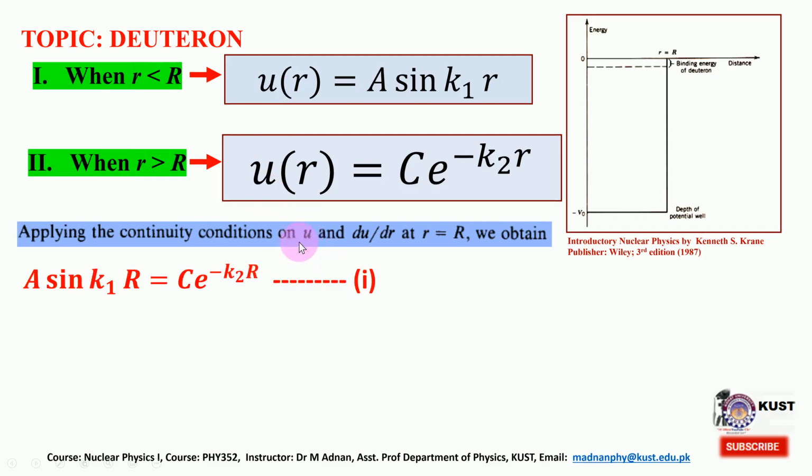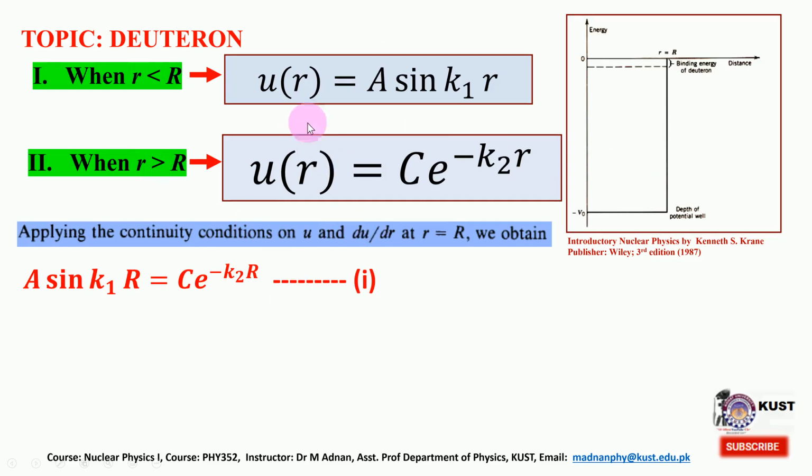Now, the first continuity condition: if we put r equal to capital R, this will be A sin k1R. So at r equal to capital R, that is the boundary, the two solutions are equal. Whether you use this solution or this solution, the two will be the same. This is the continuity of the wave function.